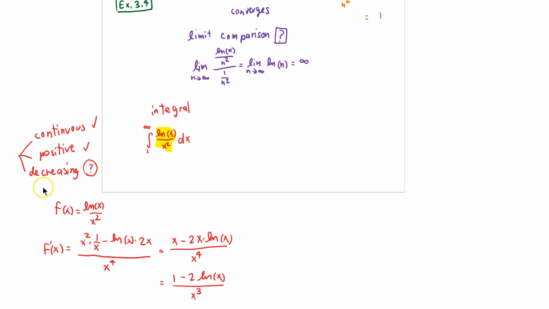For a function to be decreasing, I'm going to need its derivative to be negative. So I'd like to decide if this is going to be less than or equal to 0 or not. Now, when x is large enough, I can see that x cubed is going to be positive, but 1 minus 2 log of x is going to be negative. So if I divide something negative by something positive, I'm going to have something negative. So this should work.